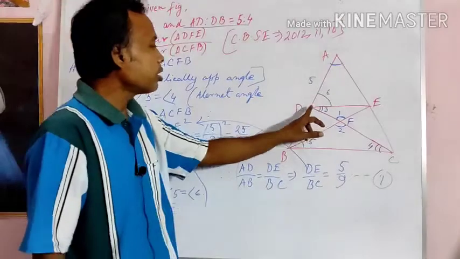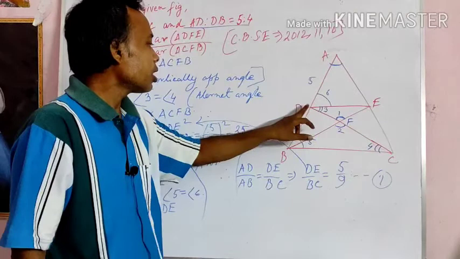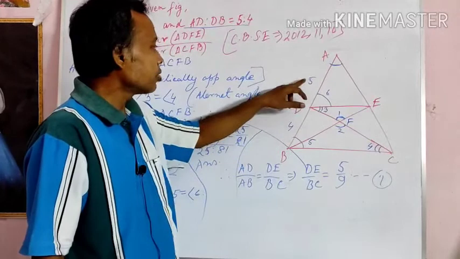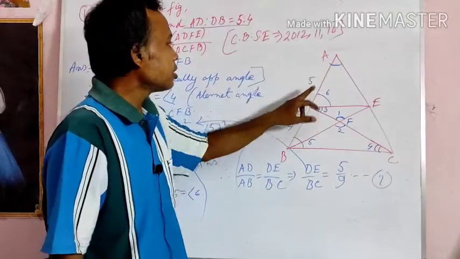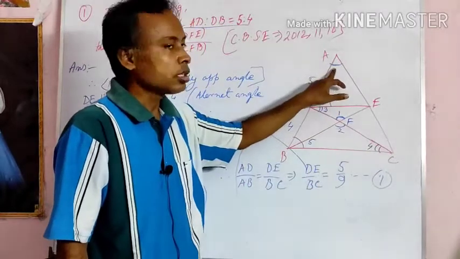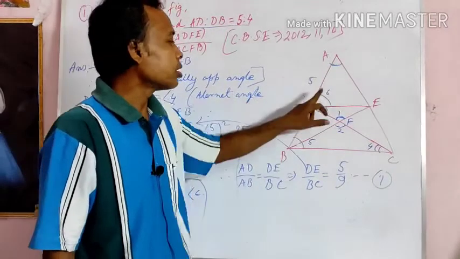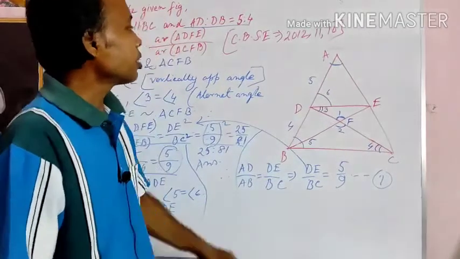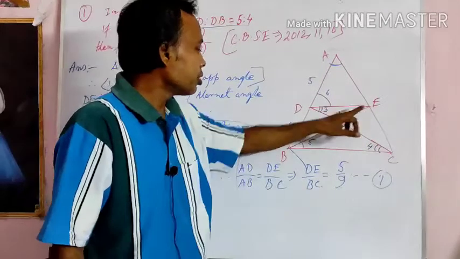Then find the value of DE by BC. Here given AD by DB is equal to 5:4. Therefore AD by AB is equal to 5 by 9. So here the two triangles ADE and ABC are similar, since A is the common angle and angle D is equal to angle B. Since the two triangles are similar, the ratio of the sides will be equal, that is AD by AB is equal to DE by BC.